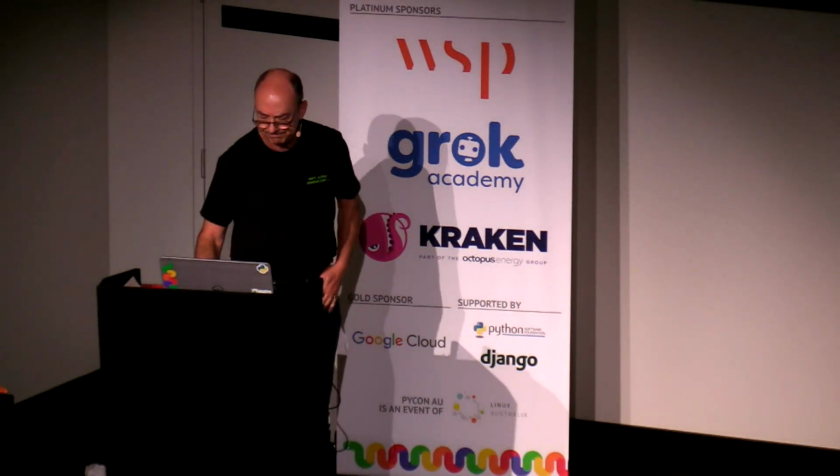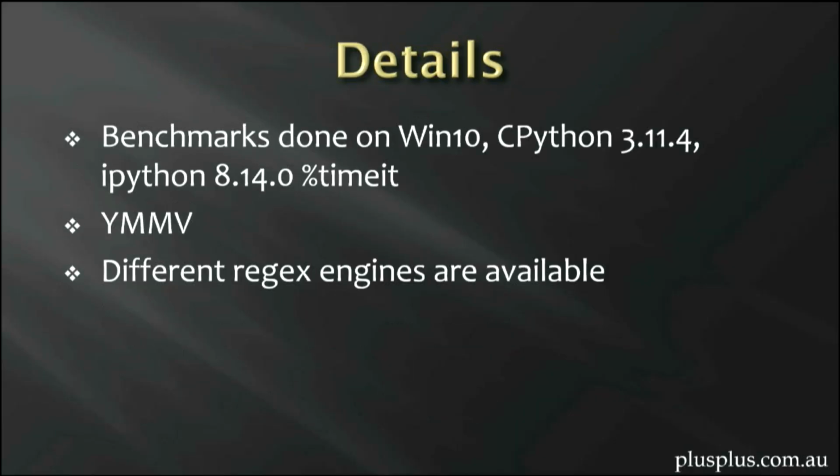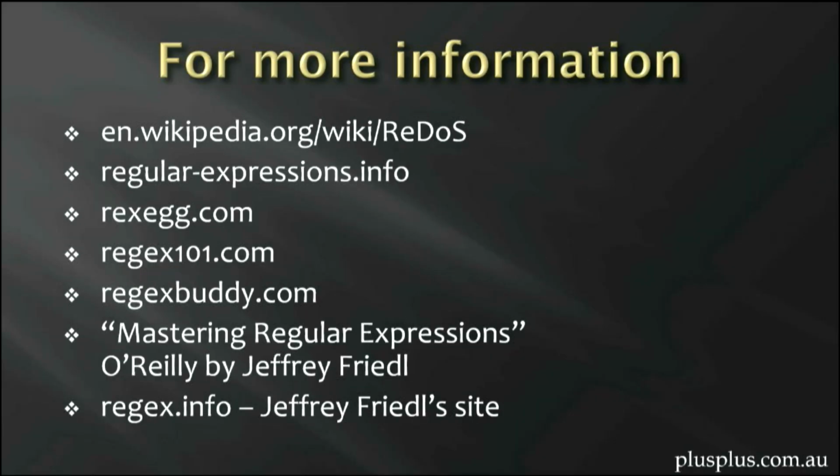There's some on pip. For more information, look at the regular expression denial of service page. That's a thing that any of you that are using regular expressions that parse user data need to be well aware of.